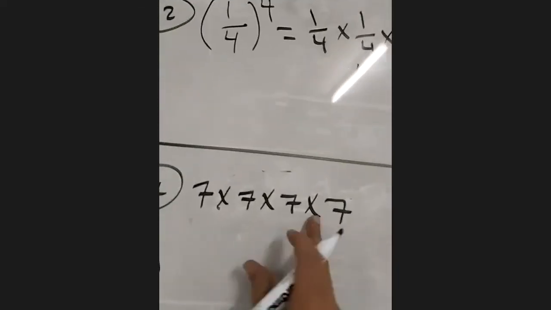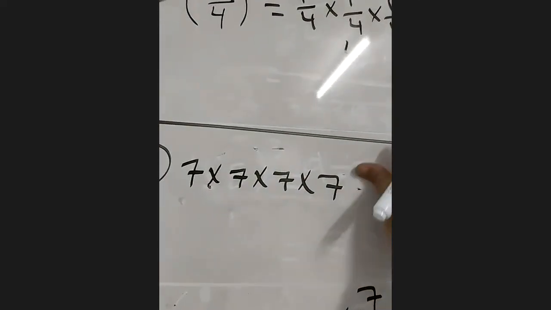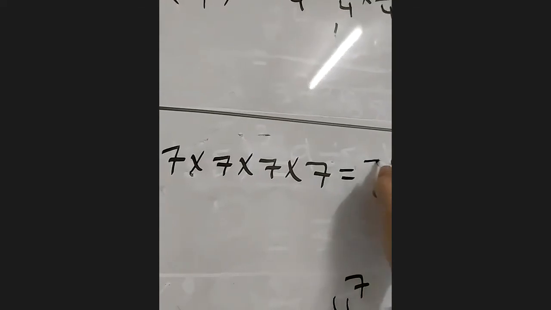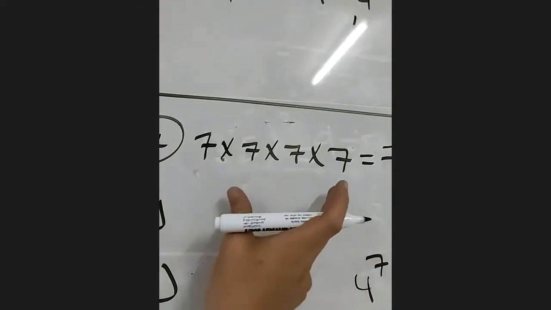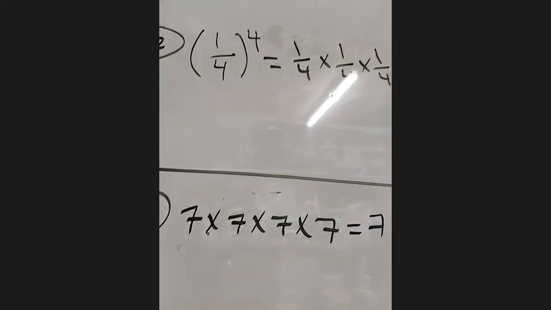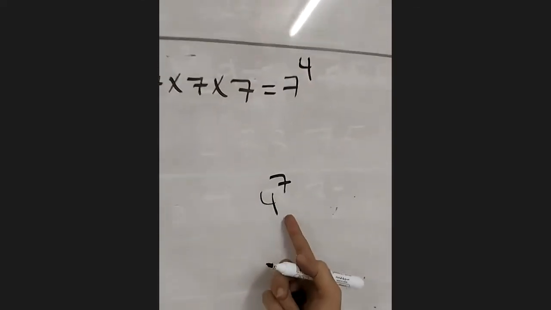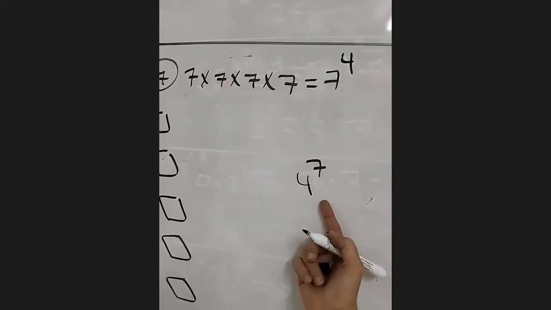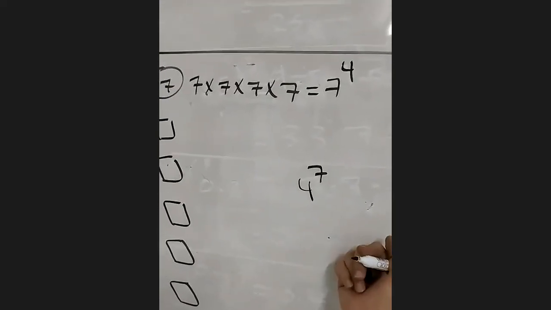Can you tell me how you write this in exponents? 7 times 7 times 7 times 7. I don't want the answer, I want the exponent. Write it as the exponent. 7 power 4. And you choose 4 power 7?